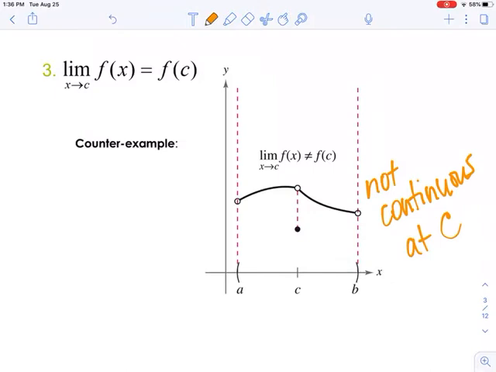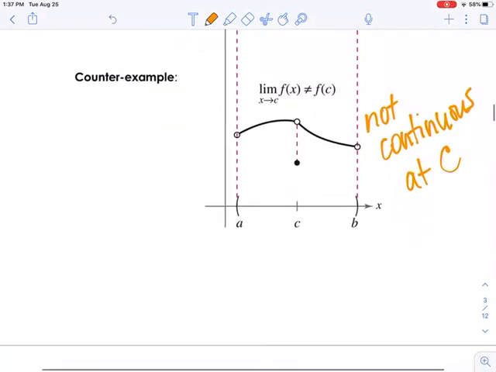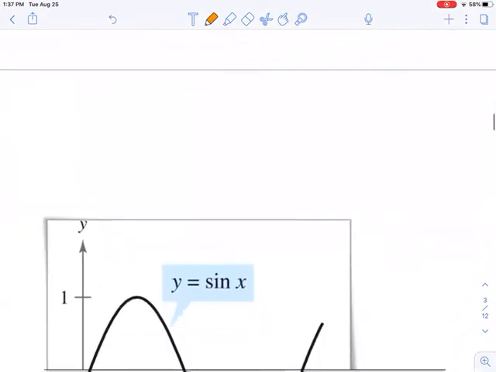If we want continuity, this coordinate would need to be right here where the open circle is. But since it's not, yes, we have a value for the limit, yes, we have a value for the function, but since they are not the same, we are not continuous.